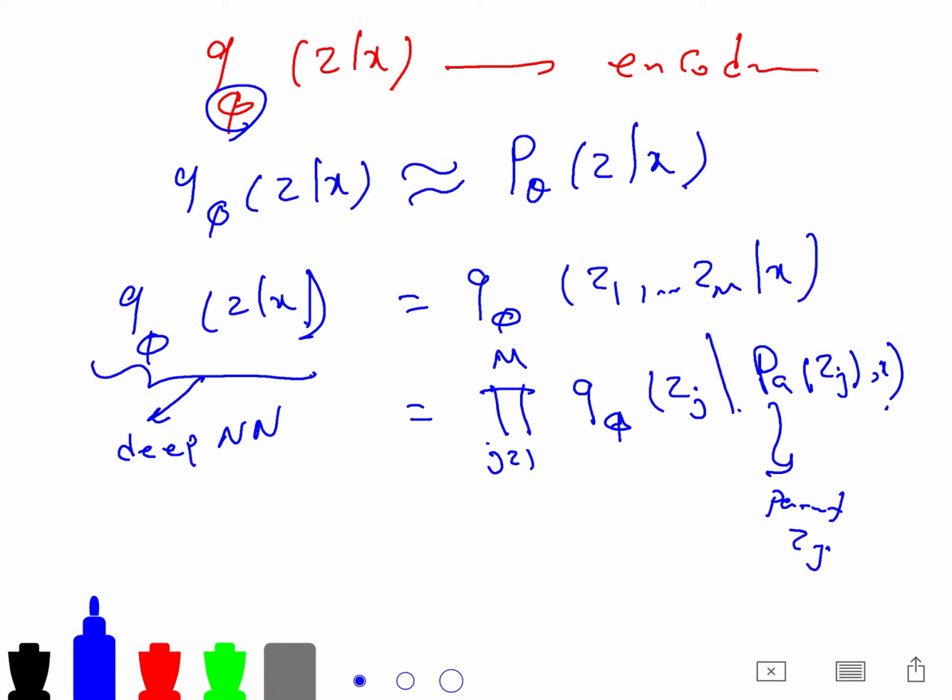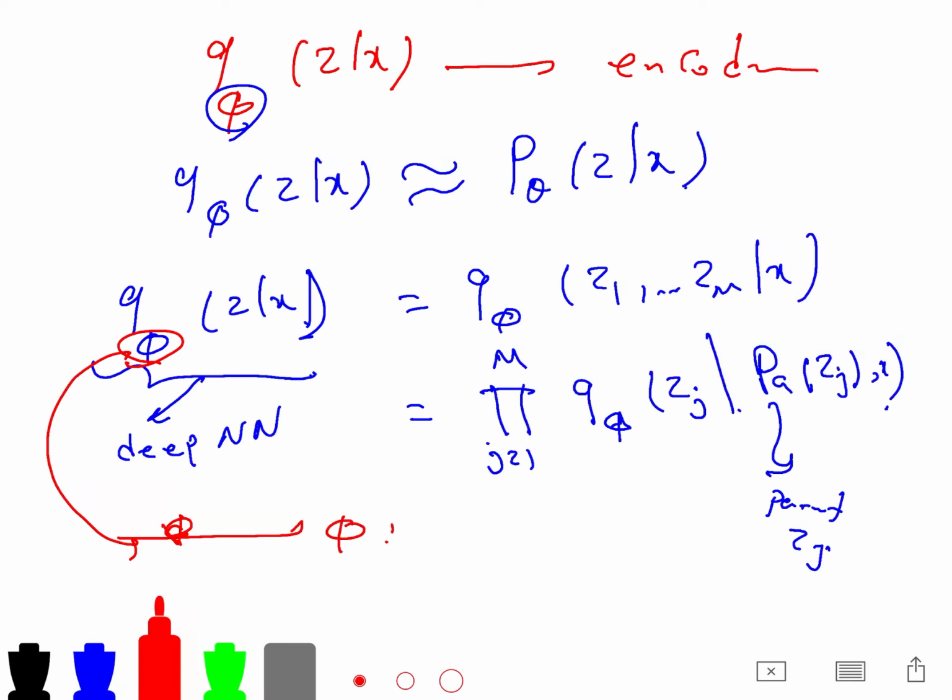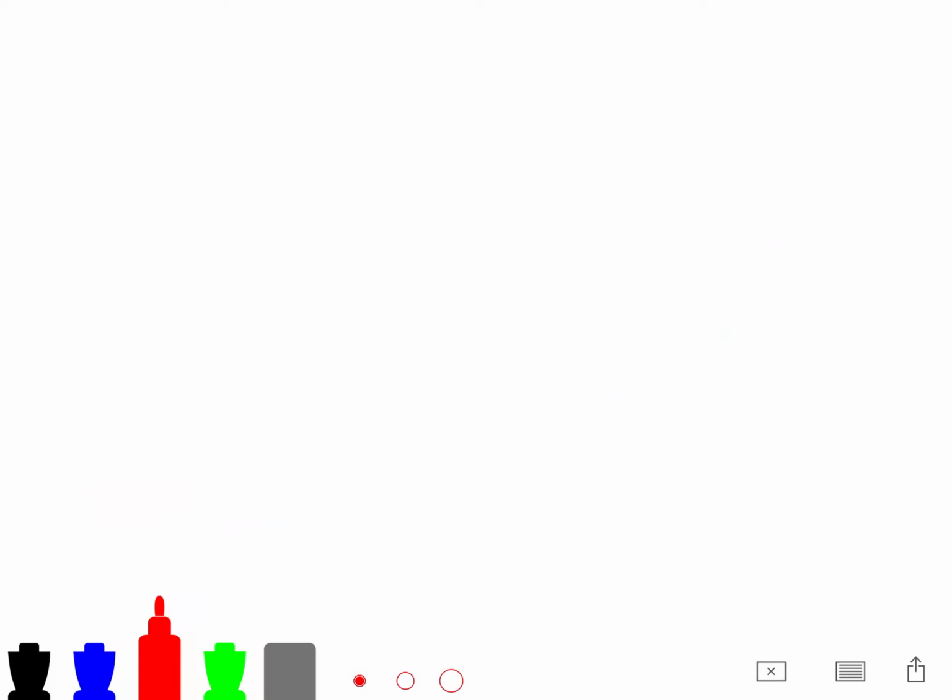So the variational parameters phi, this is a variational parameter, includes the weights. So when I say phi, it means both weights and biases of your neural networks. So the encoder model, now we are ready to talk about this mu.